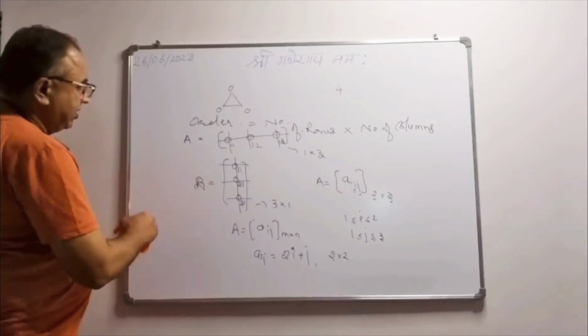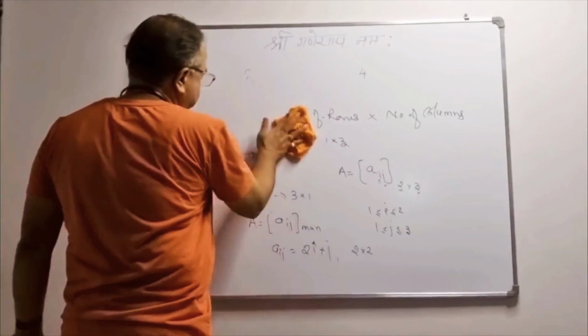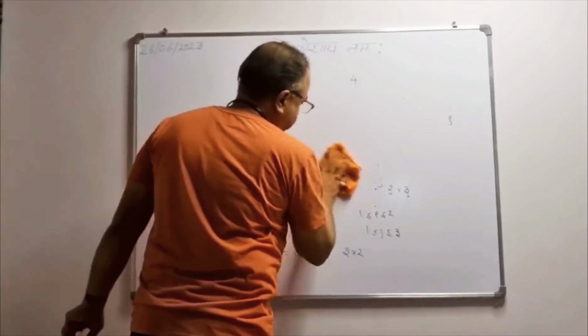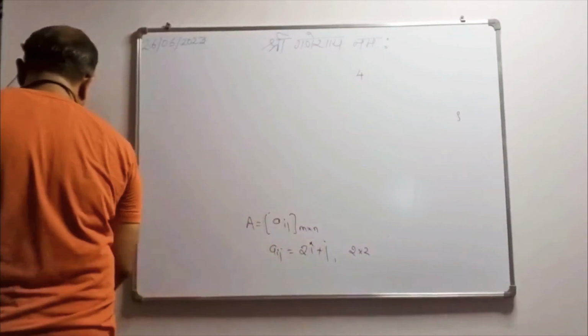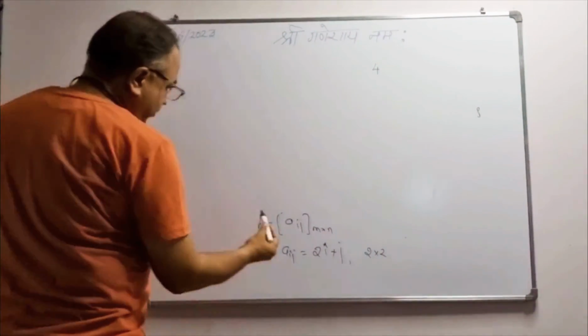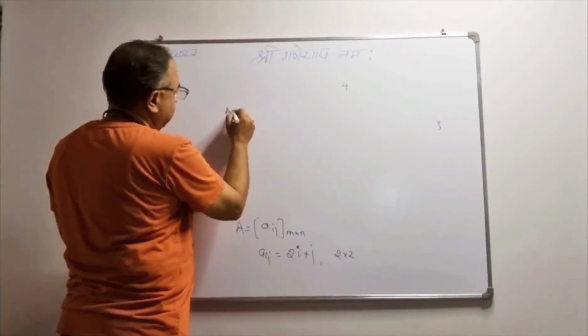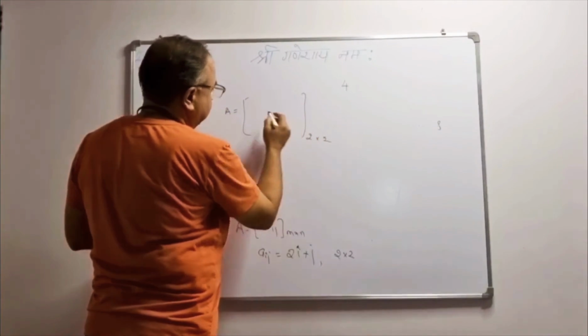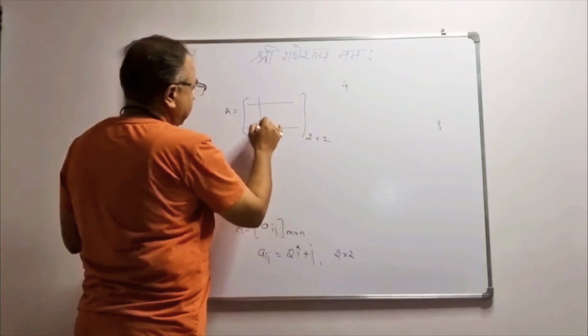So we see now how we construct that. Now you come to know that for this matrix A, the order is 2 by 2. That means there are 2 rows and 2 columns.